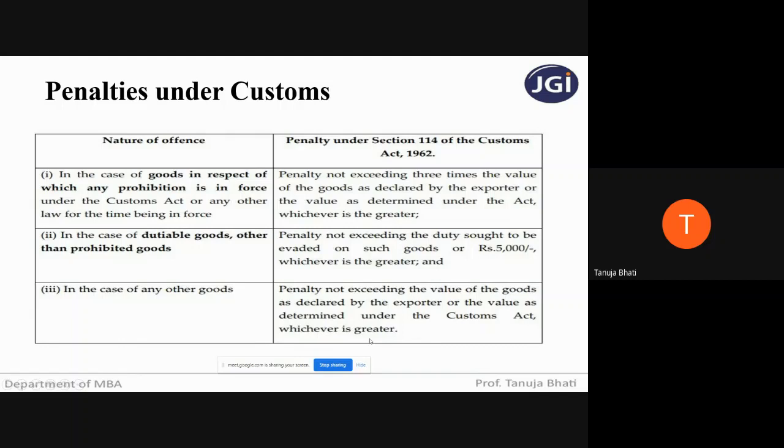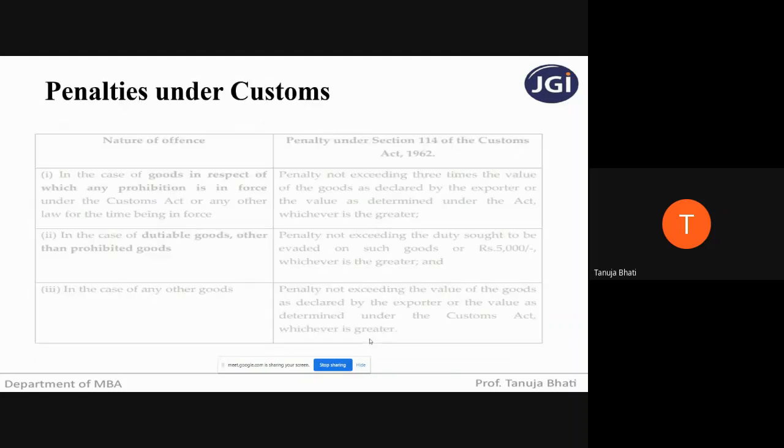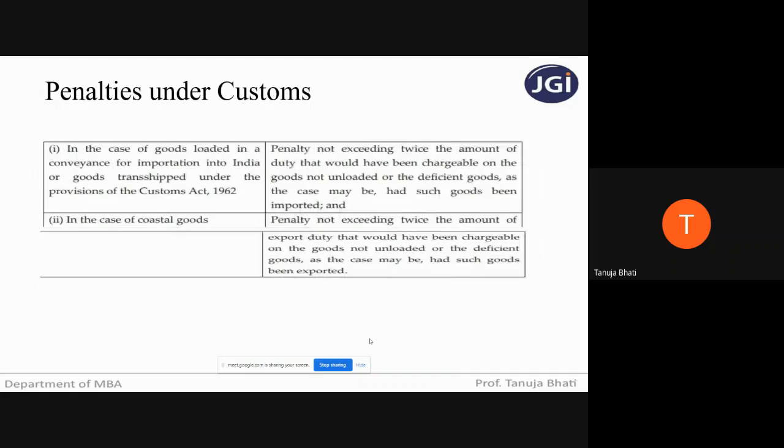So remember, these 3 situations are for penalty for improper export of goods, and these 5 situations were for penalty for improper import of goods.